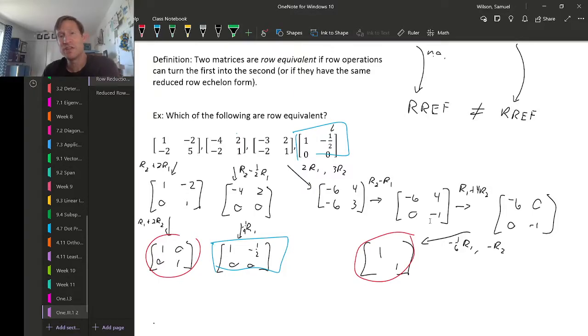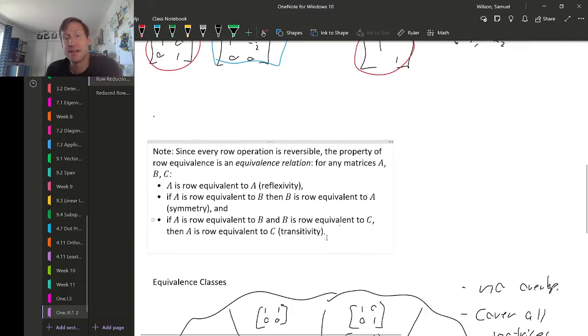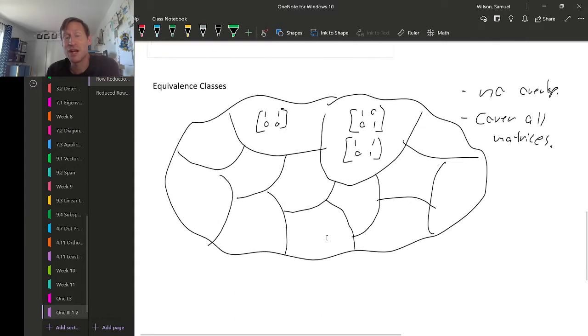So we've made this definition of row equivalence, and we've noticed that our definition gives us a genuine equivalence relationship, so reflexive, symmetric, and transitive. And equivalence relationships break up your set of objects into a number of equivalence classes.